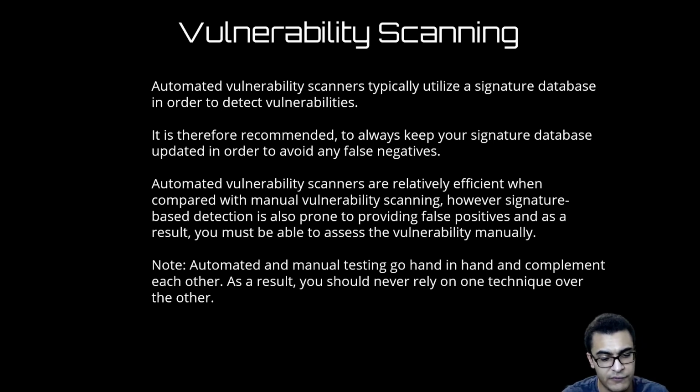So for example, if a vulnerability is released, or there is a write-up or disclosure for a specific vulnerability for the Windows operating system, then you need to make sure that you have that signature in your database so that you can detect that vulnerability on your systems within your network.